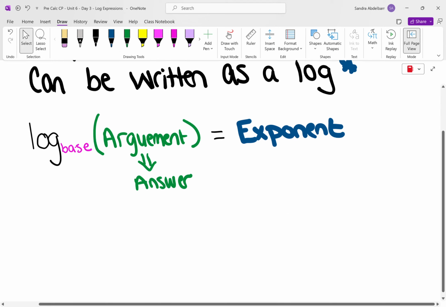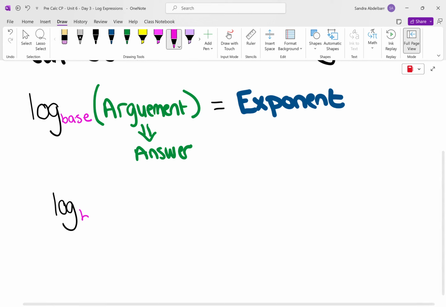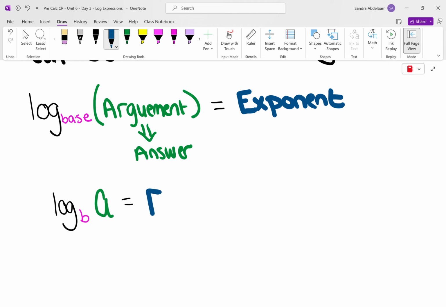Okay, so let's say I have, I'm going to use all variables here, log base b of a equals y.